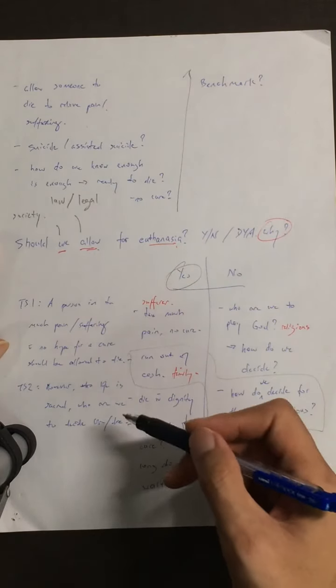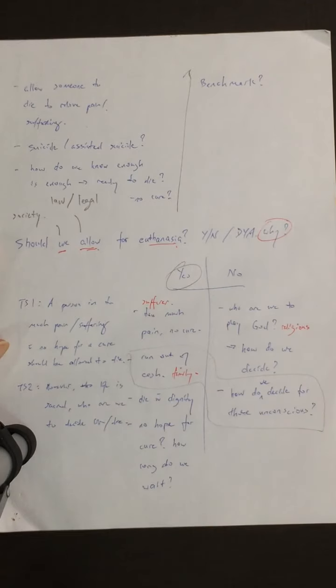Who are we to decide who lives and who dies? And we can bring in some examples like during wartime, right? Who decides who are the ones to live, who are the ones to die, and so on. Okay, then we go back to here.